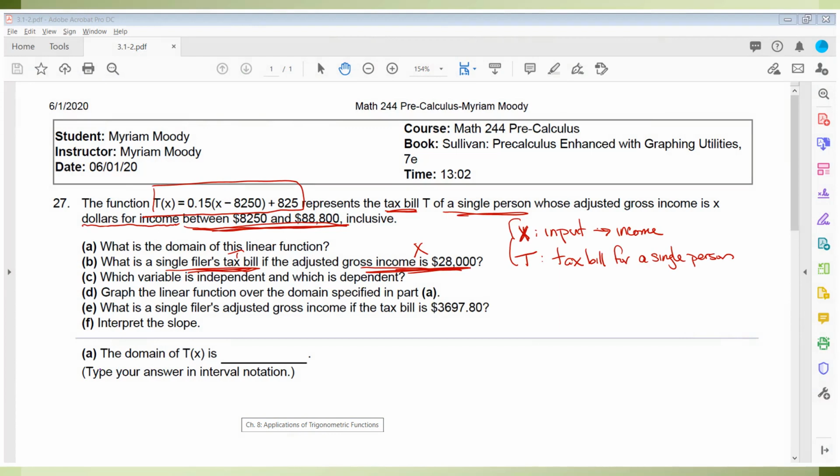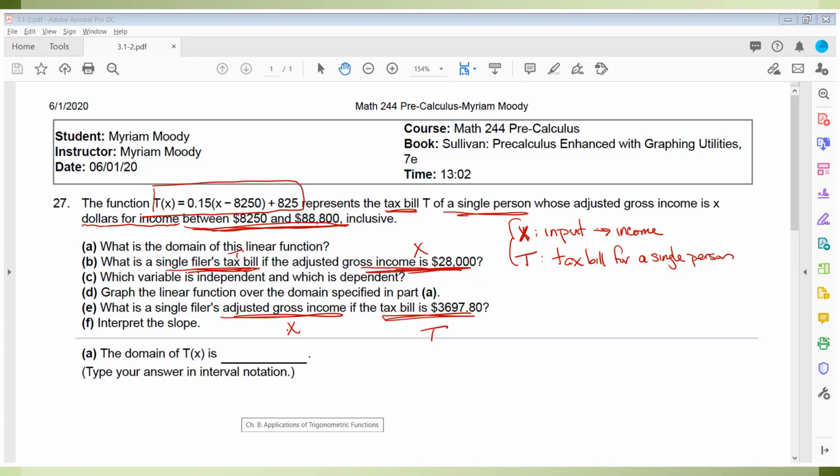Okay. There is a part E. They actually want to know what a single filer's adjusted gross income is, if now the tax bill is $3,697.80. So now what are we looking for? Yeah, they gave us the tax bill. They gave us T. They want to know the adjusted gross income.